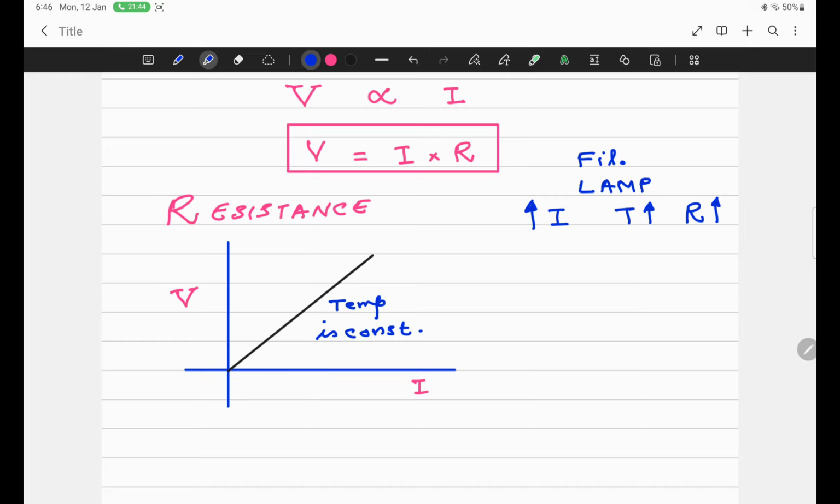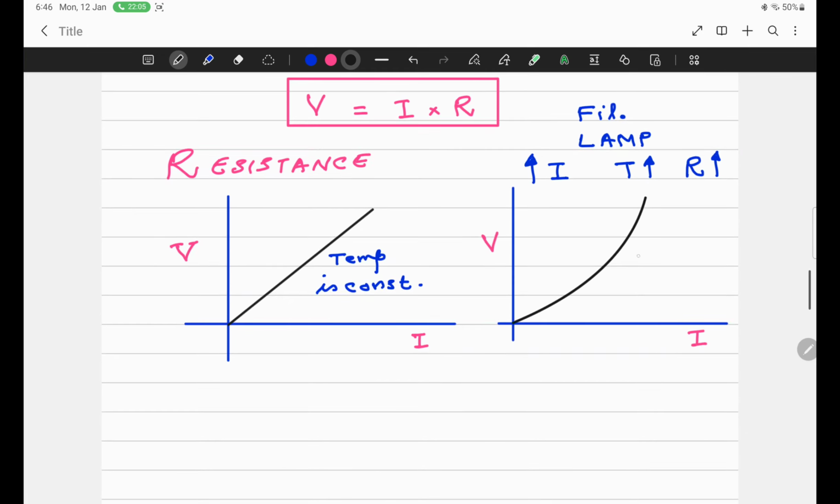Then obviously the filament lamp will not obey Ohm's law, and the graph will not be a straight line, but a curve. And this curve is bending away from the current axis.